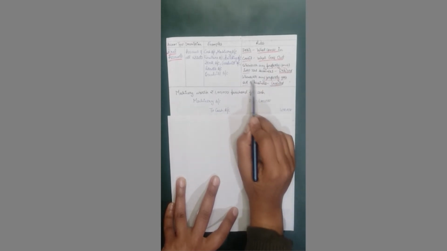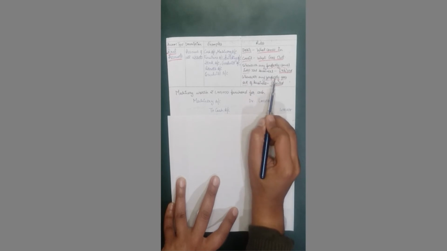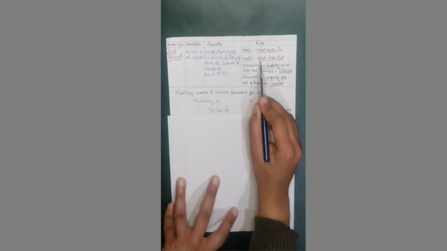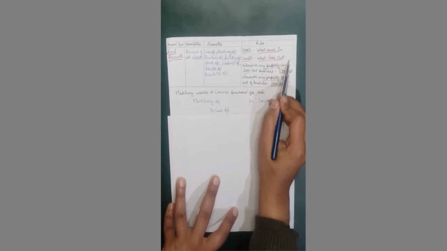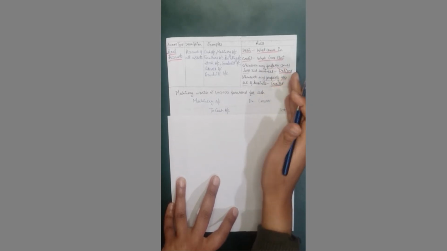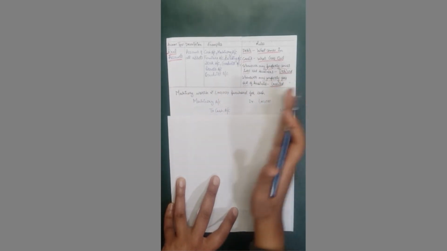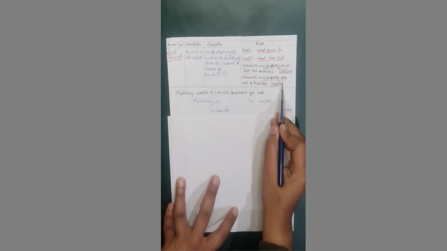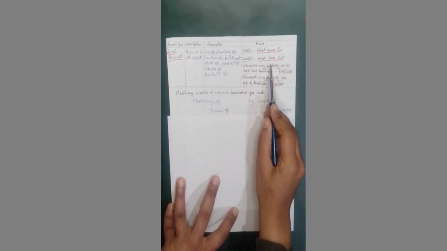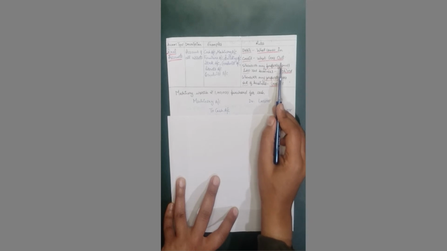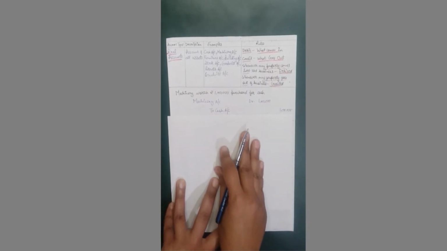And whenever any property goes out of the business, it will be credited, because credit what goes out, right? So if any property is coming into the business, it will be debited, because debit what comes in. And if any property goes out of the business, then it will be credited, because credit what goes out, right?